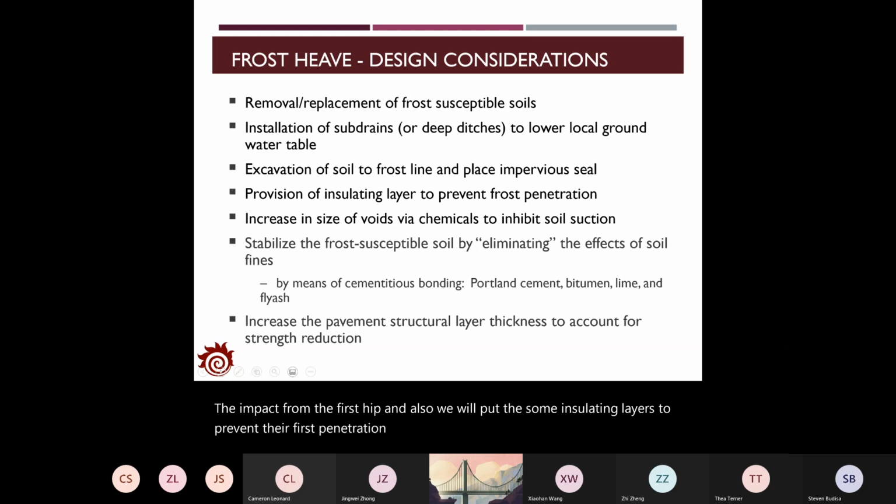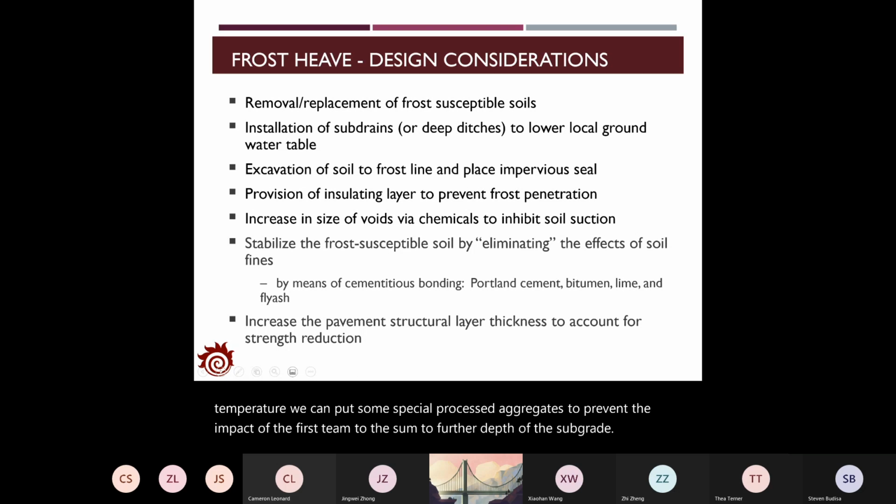In some regions with very low temperatures, we can put some specially processed aggregates to prevent the impact of the frost heave to further depths of the subgrade.